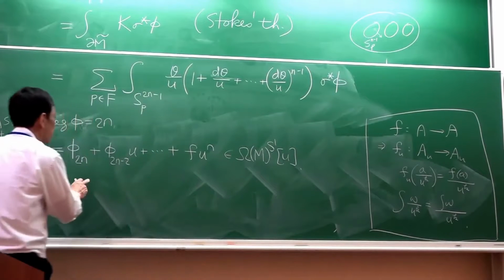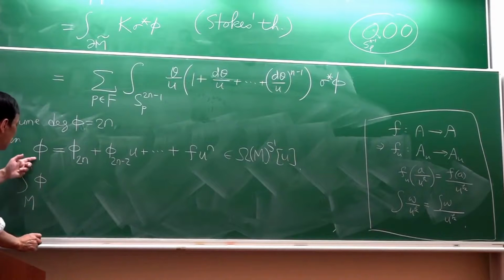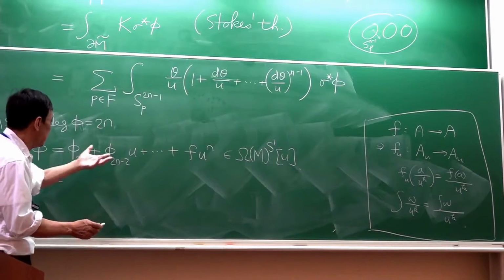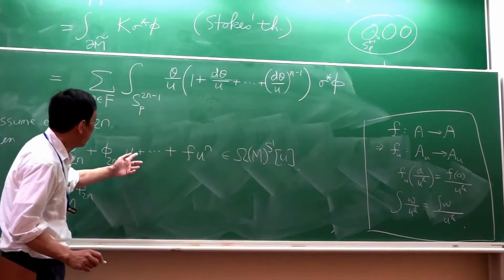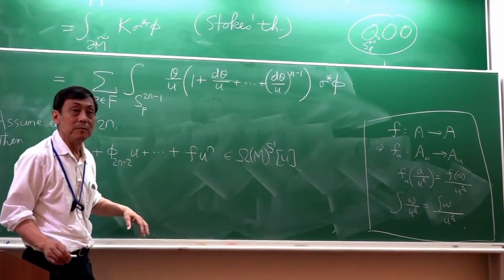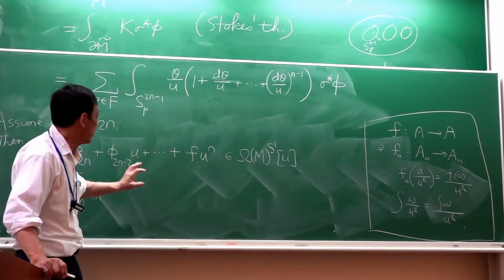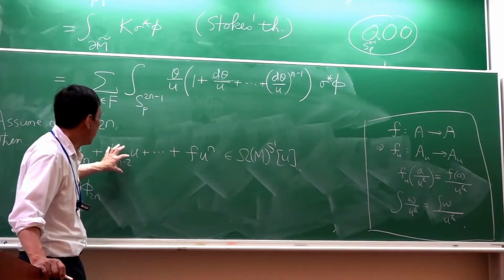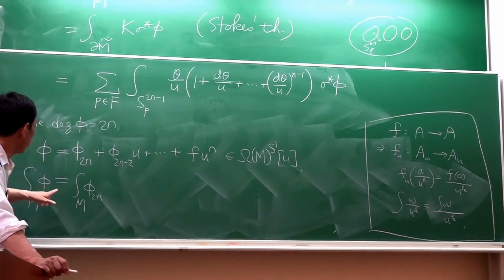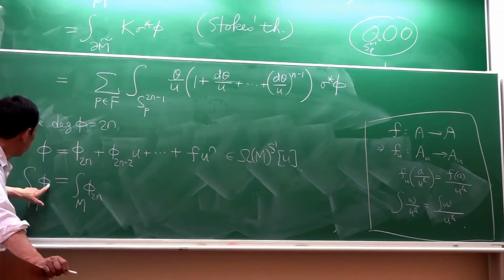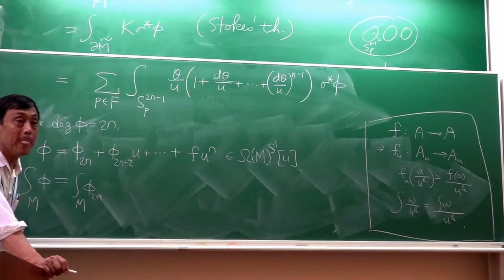So then the integral of phi, when you integrate, you just integrate the form, but all the other terms will give you 0, because all the other terms have a form that has degree less than the dimension of the manifold. And so the integral of the equivariant form is the same as the integral of this ordinary form.